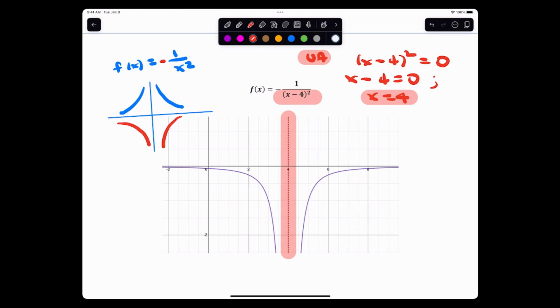I know what this picture is. Left-handed limit. Where am I going? Down forever. The right-handed limit, what am I doing? Down forever.